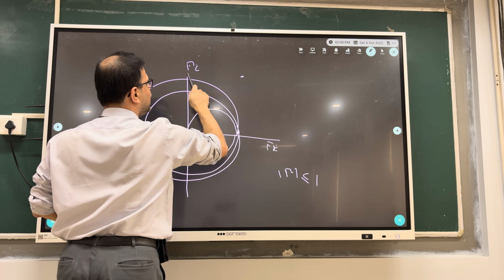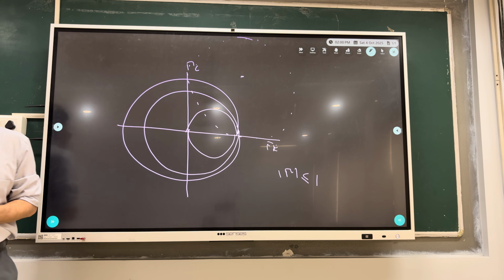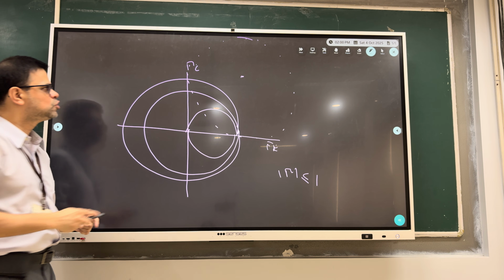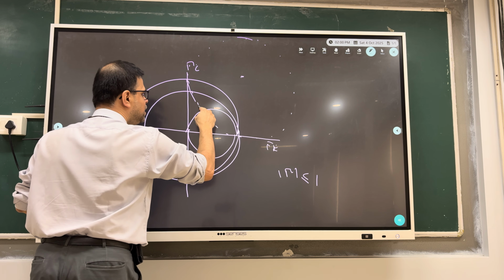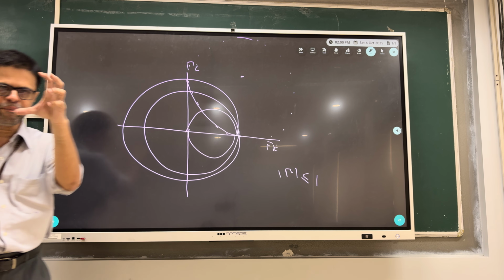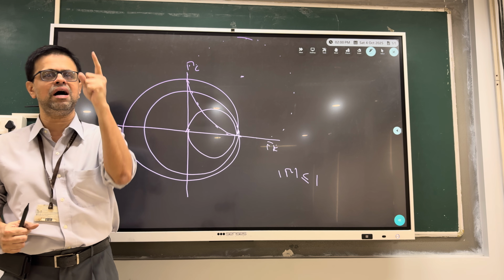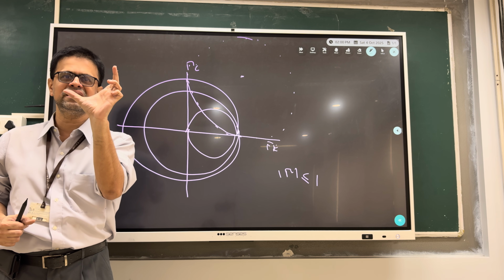It will appear like a circle lying outside. So we need to only check the area of that circle which is residing inside. We need to only pick up the values of x which give me values of gamma r and gamma I residing inside that circle.